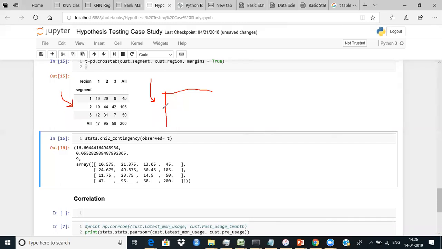Then it compares the observed with the independent assumption. So this is observed, and this is known as expected. Expected means, if you expect them to be independent, what would have been the distribution? It compares the observed distribution with the expected distribution. If the observed and the expected are drastically different, what does that mean?